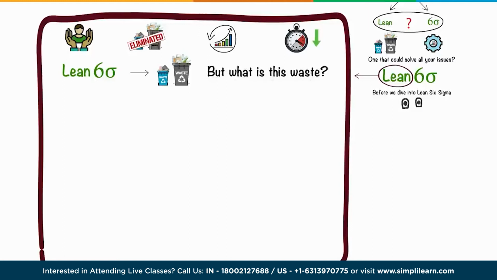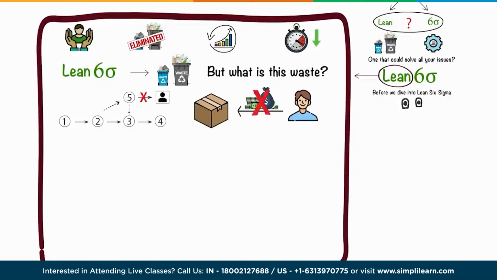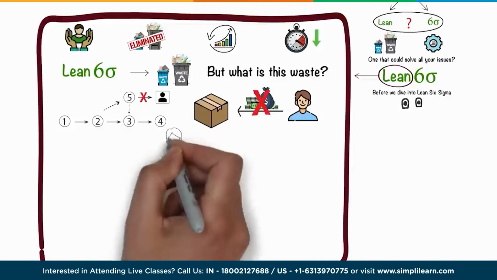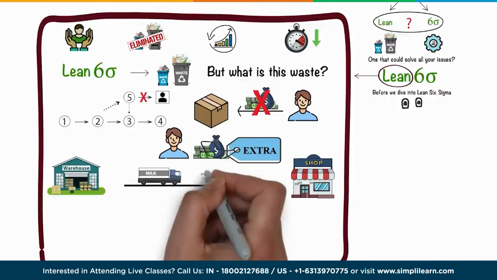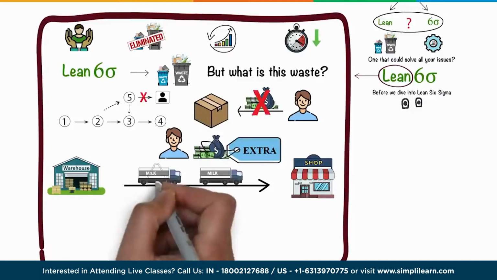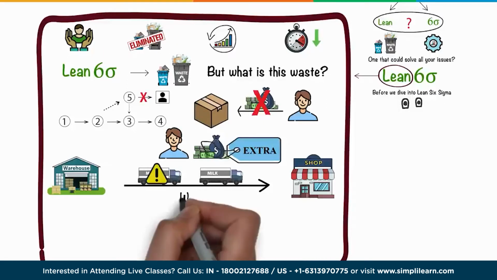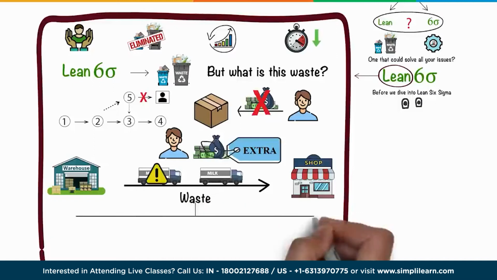But what is this waste? Waste is any step or action in the process that a user does not gain any value from. In short, things that users wouldn't want to pay for. Why would a consumer want to pay extra for the additional truck that was required to deliver milk to the supermarket just because the other one broke down? This waste can be divided into 8 categories.